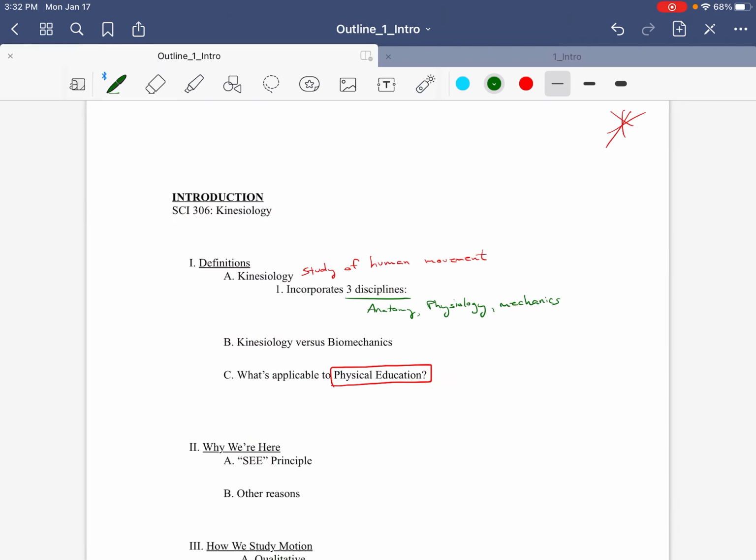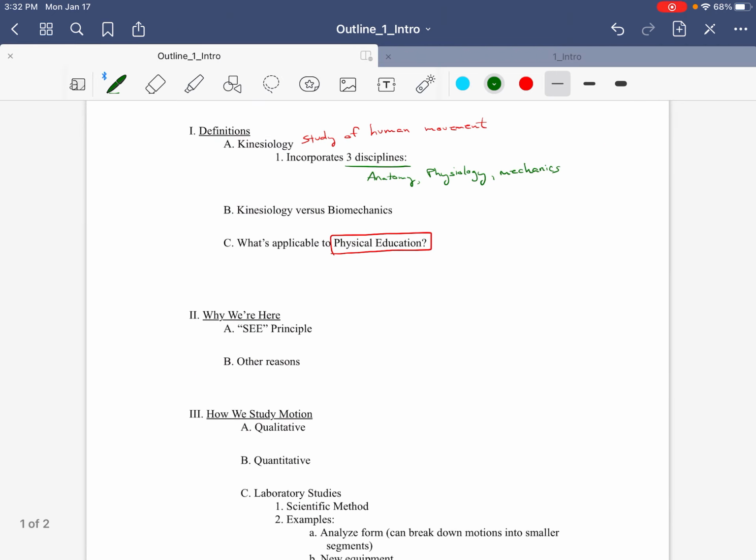Okay. So you can see why we're here, because we want to be able to understand and teach and work with the study of human movement in a safe way, an effective way, and an efficient way. And there's a bunch of other reasons. I don't really need to list them.